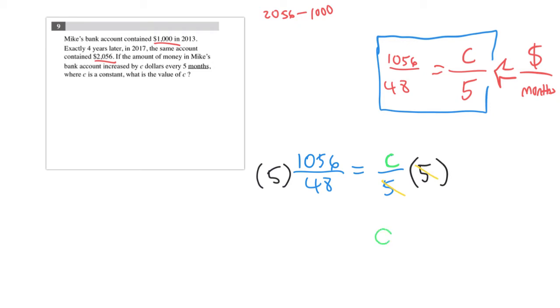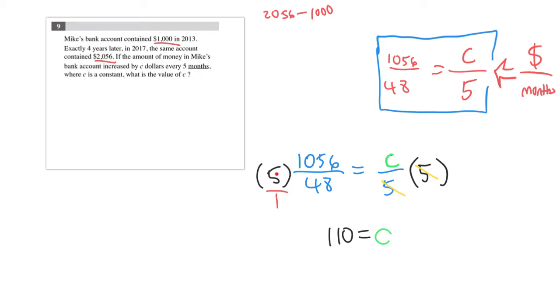And that would leave us with C equals 5 times 1056 divided by 48, and that is 110. Now you do want to be careful when you're multiplying 5 times this fraction. It's important to recognize that the 5 has a secret denominator of 1, so you could think of it as a fraction times another fraction if you wanted to.